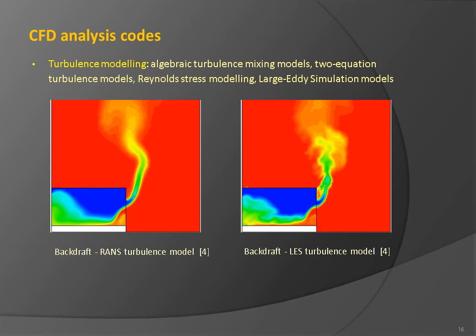I promise I'll try to keep the use of acronyms to a minimum. Now, even an immediate visual comparison convinces us that the LES model results reveal more flow details than the results obtained with the RANS model, and as such should be more accurate.